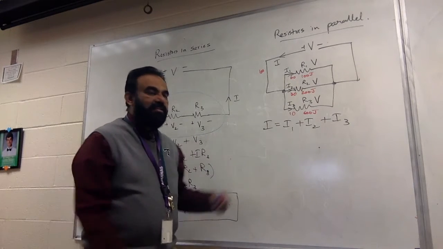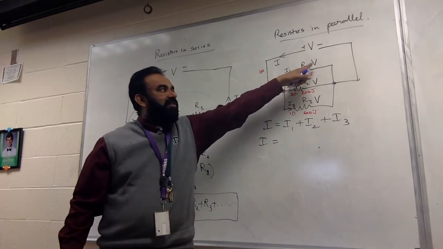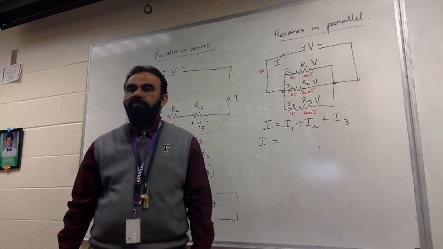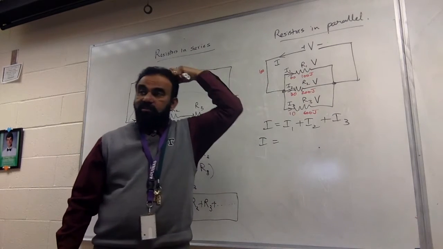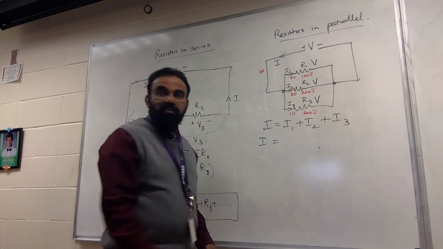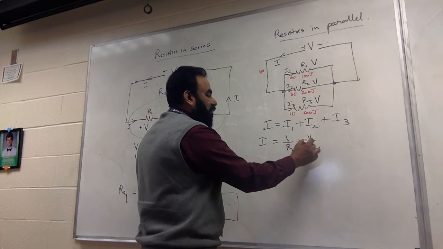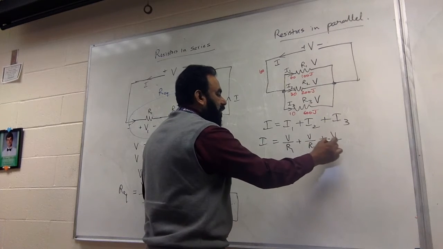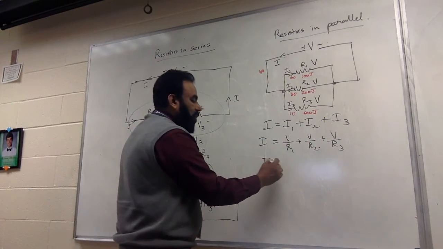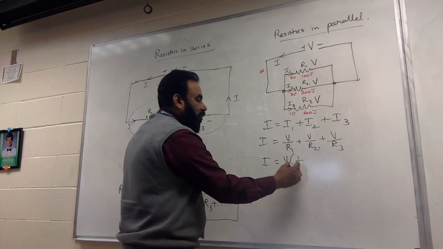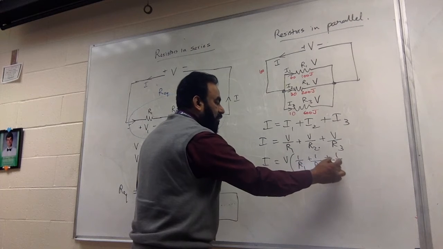Now looking at this, what is I1 in terms of V and R? What is I1 in terms of V and R1? V over R1. Therefore it's V over R2 plus V over R3. And you can see that I can take V common out: 1 over R1 plus 1 over R2 plus 1 over R3.